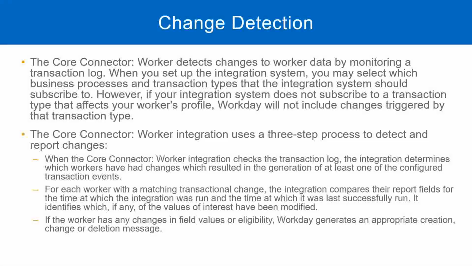Right. So if, let's say, you have configured only the hire and terminate and there is a contact information change for the worker, will the core connector consider that as a change? You're looking at hires and terminations only, but there is a contact information change for the worker.